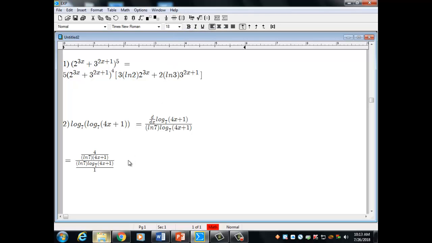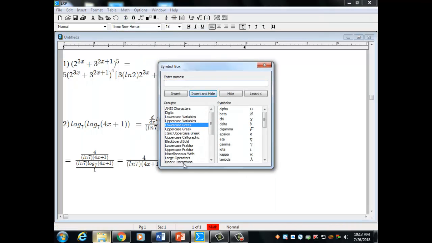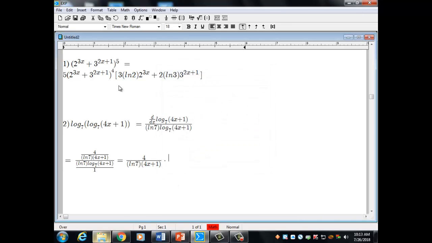And that would turn into this times this. Does that make sense? As it's a complex fraction.